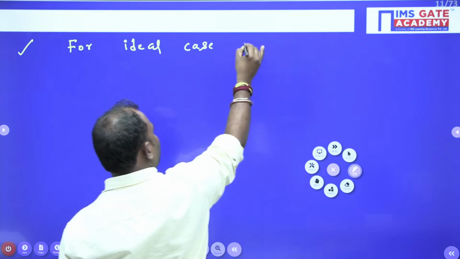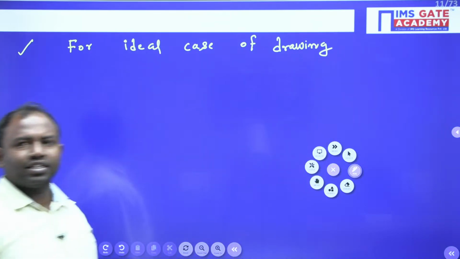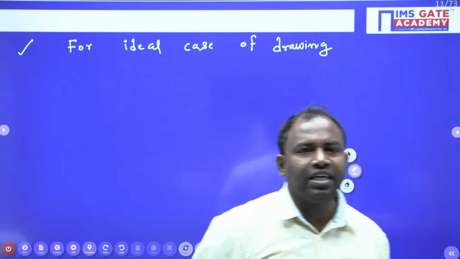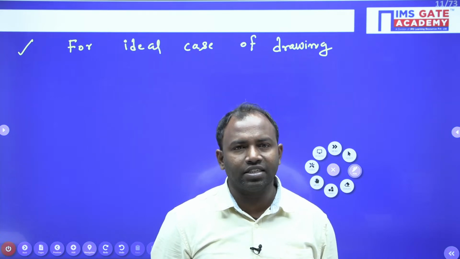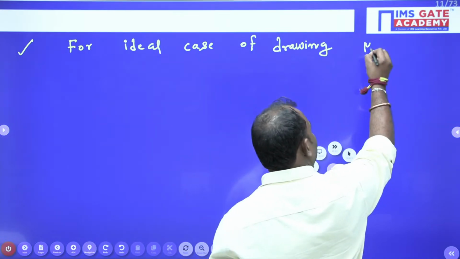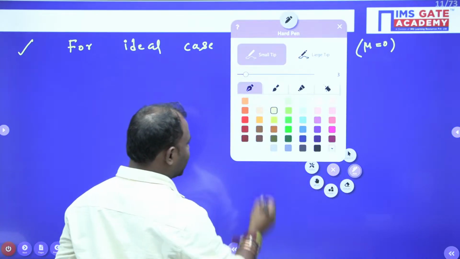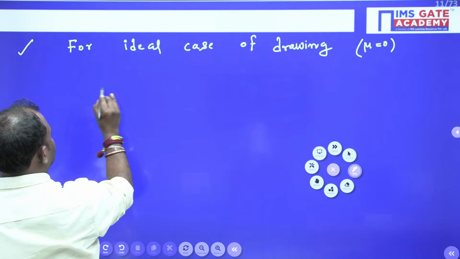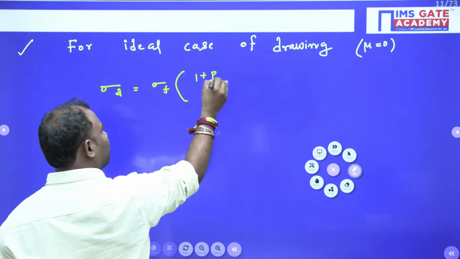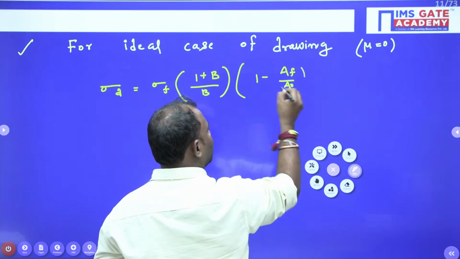Whenever friction is 0, we consider it an ideal case of drawing. So for the ideal case of drawing, coefficient of friction equals 0. Now let me explain, guys. Suppose sigma d is equal to sigma f into (1 plus B) by B into (1 minus Af by A naught) to the power B.